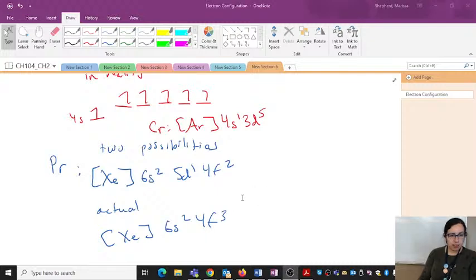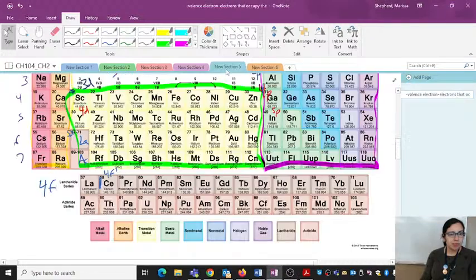To check ourselves, you can just add the subscripts plus however many electrons you started with in xenon, if you're using the abbreviated notation. Let me pull out my calculator for this, because I'm feeling lazy.